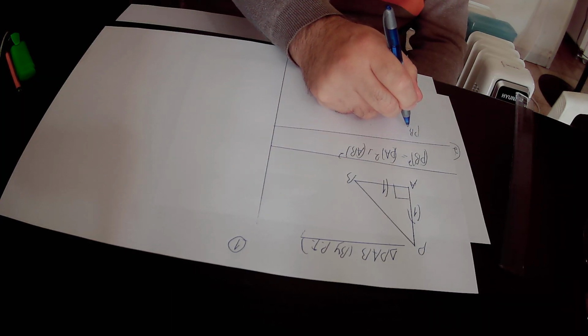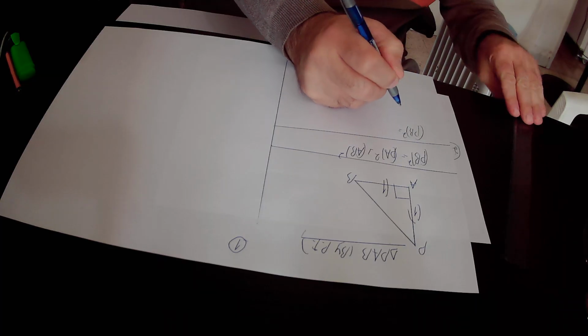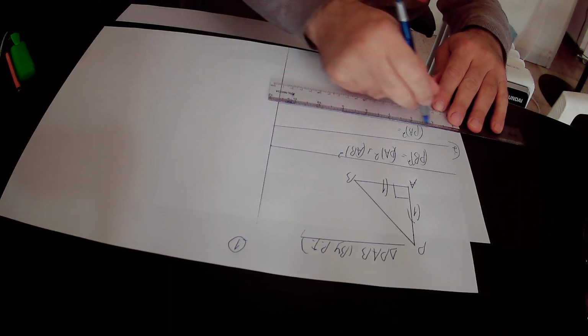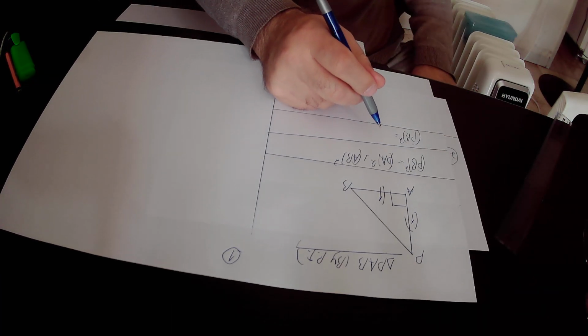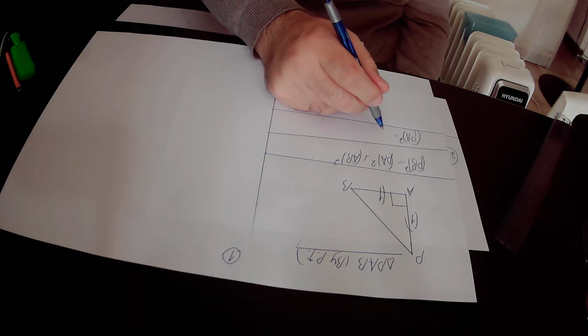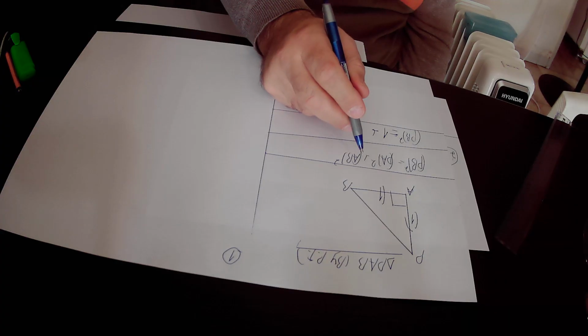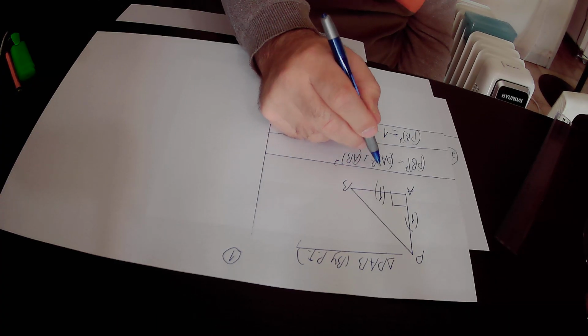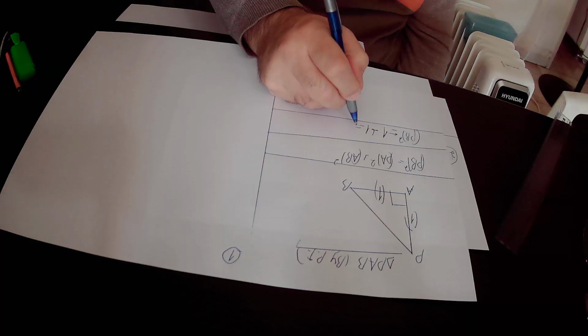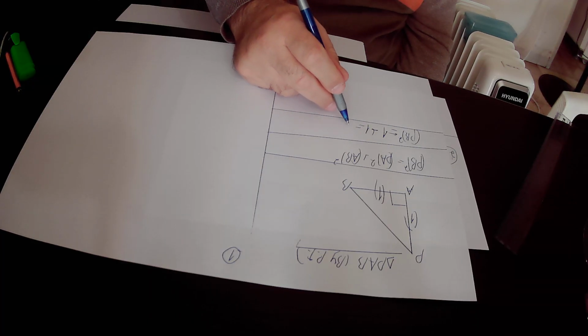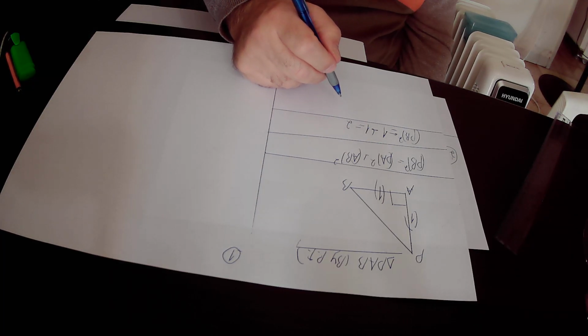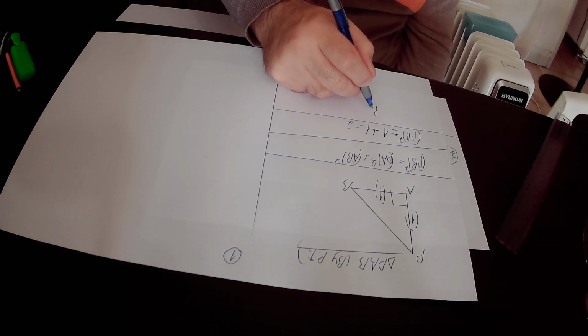So PB square equals PA square. PA is 1, therefore PA square is 1 squared, that is 1, plus AB square. AB is also 1, therefore AB square is 1 squared, that is 1. So in total PB square equals 1 plus 1, that is 2. PB square equals 2.